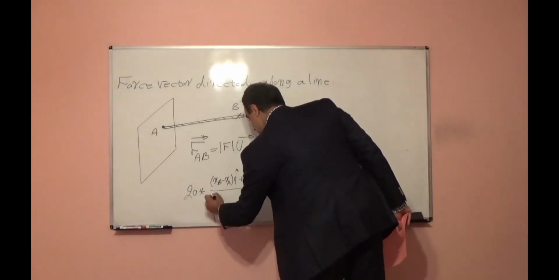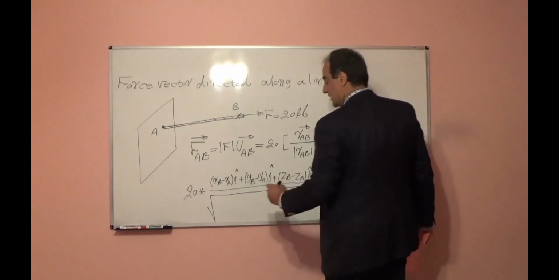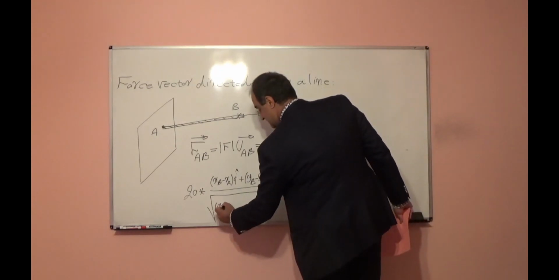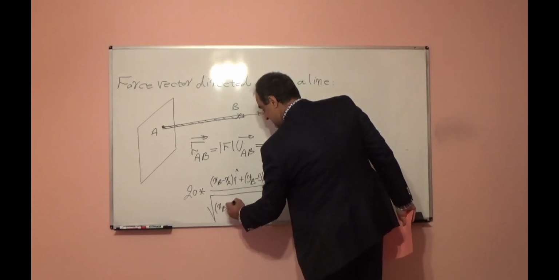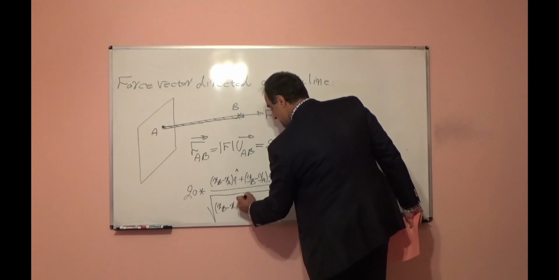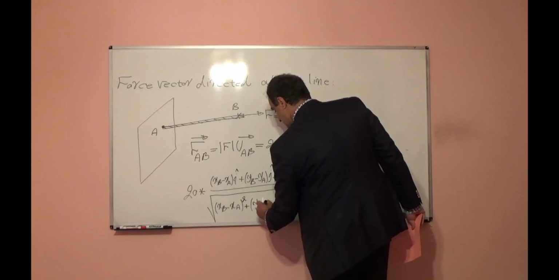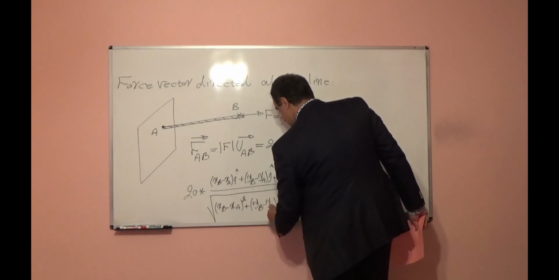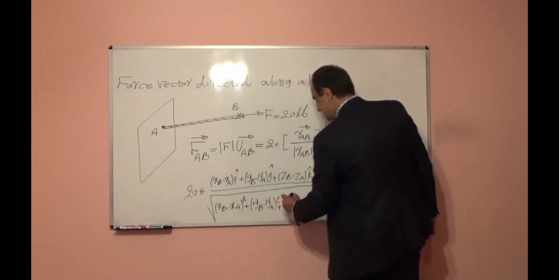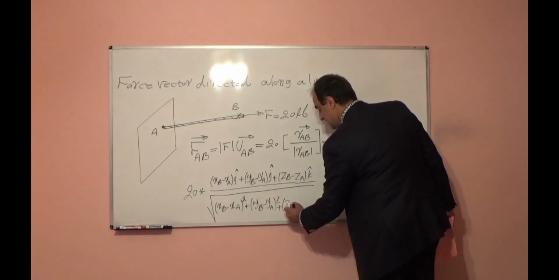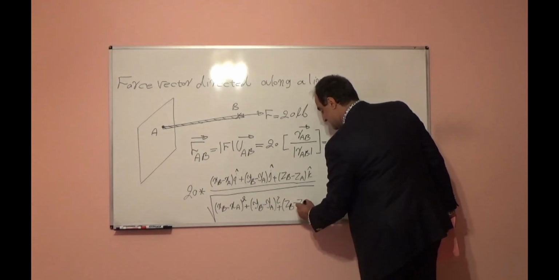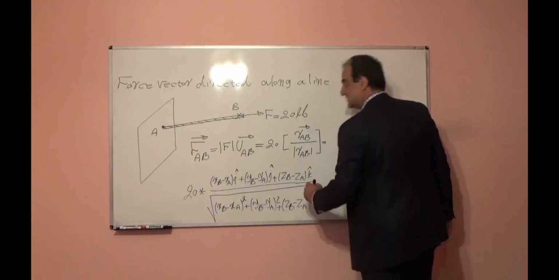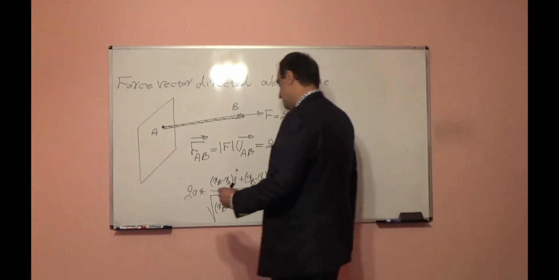It will be square root of (xb minus xa) squared plus (yb minus ya) squared plus (zb minus za) squared.